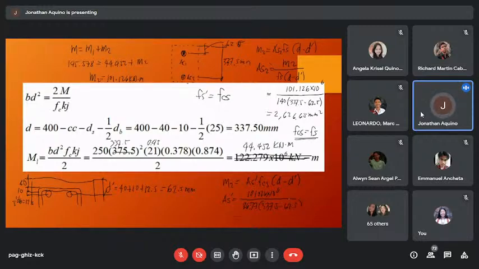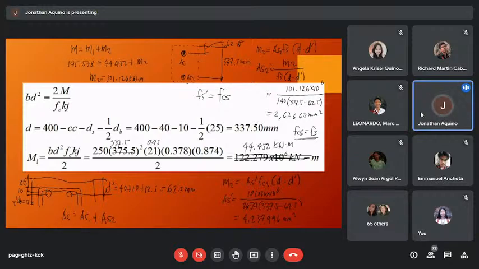So AS prime is 101.126 times 10 to the 6 divided by 86.77 times 337.5 minus 62.5. So AS prime is 4,237.996 millimeter squared.